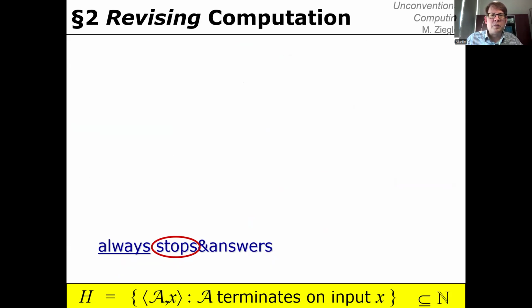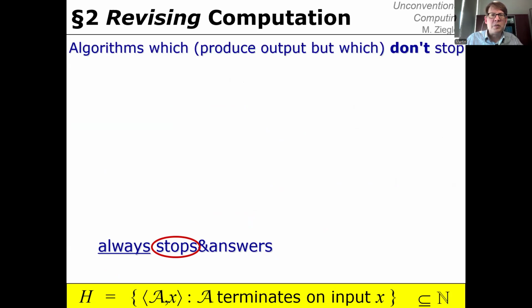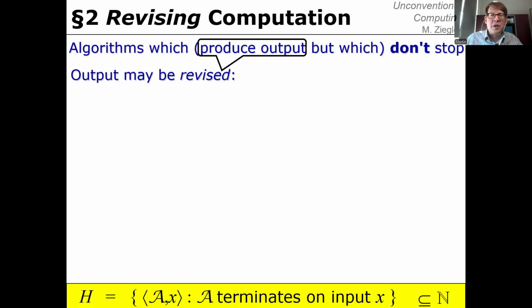But if we consider non-terminating algorithms that don't stop, then they can also keep changing their answer. They can revise their output. First, the output may be yes, and then they change their mind and delete the preliminary output, revert it, and write no. But they could keep on reverting yes and no.